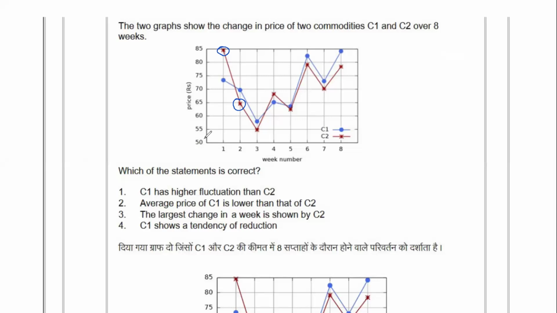It is not telling you the price of the commodity. Frankly speaking, the 85 is the change itself. It is not the price of the commodity in week 1 that it is 85. It is telling you that in week 1 it changed by 85. In week 2 it changed by 65. So C1 has higher fluctuations.